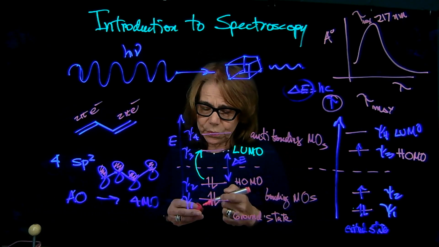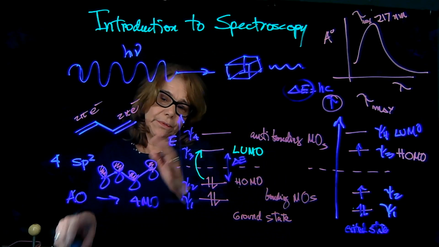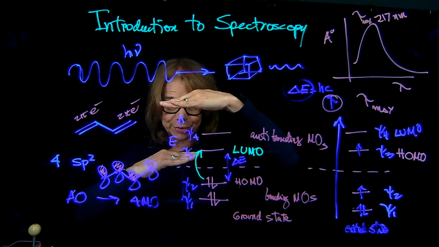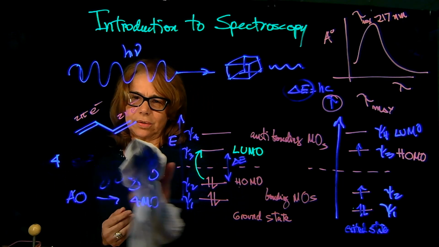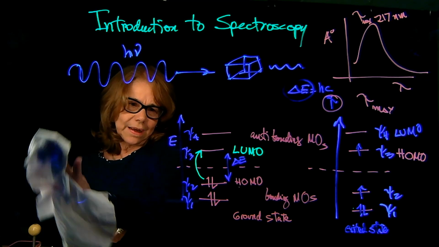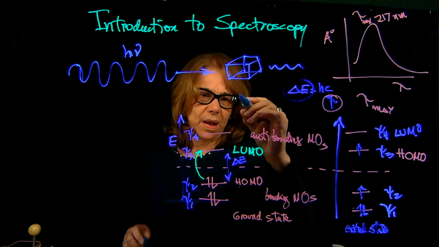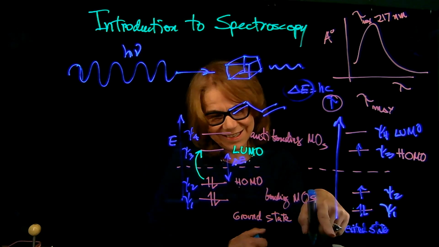What happens with other conjugated systems is that if they are more extended, now the energy levels come closer. So I'm going to make another drawing just to compare. Instead of butadiene, which is what I drew here, this is butadiene, ground state, excited state.